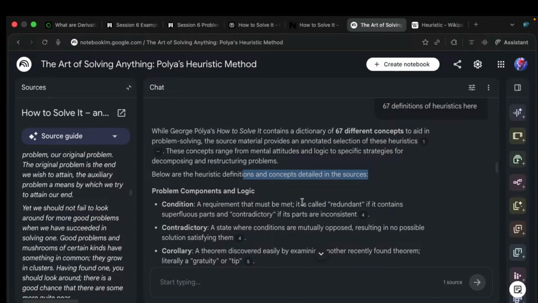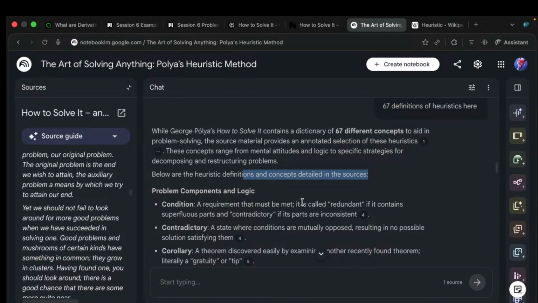Condition: a requirement that must be met. It is called redundant if it contains a superfluous part, and contradictory if its parts are inconsistent. So what is contradictory here? A state where conditions are mutually opposed, resulting in no possible solution satisfying them.